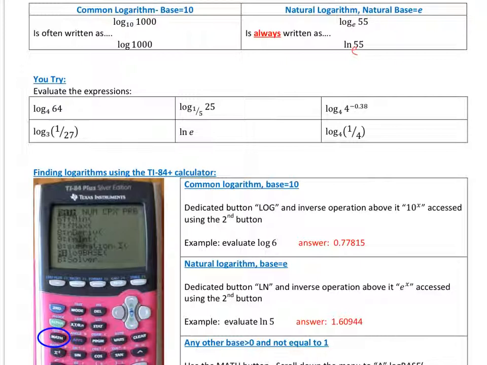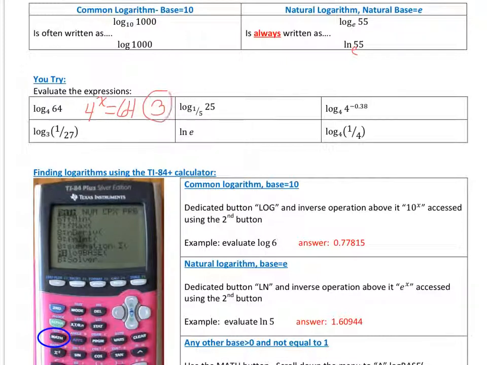Okay, we have a base of 4 here, and we're asking ourselves, what exponent with a base of 4 is going to yield 64? So the output, if you will, the result of any log, the log of any number, is the exponent. So here you can see that the answer is 3.